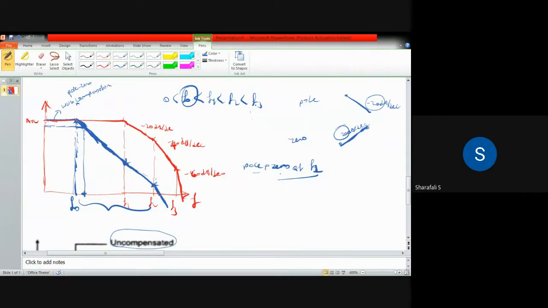The gain will be varying with minus 20 dB per decade because of this first pole F0. There is no change because of the cancellation of this pole and zero at F1. At F1 we will not have any change in the slope of this gain variation with respect to frequency.